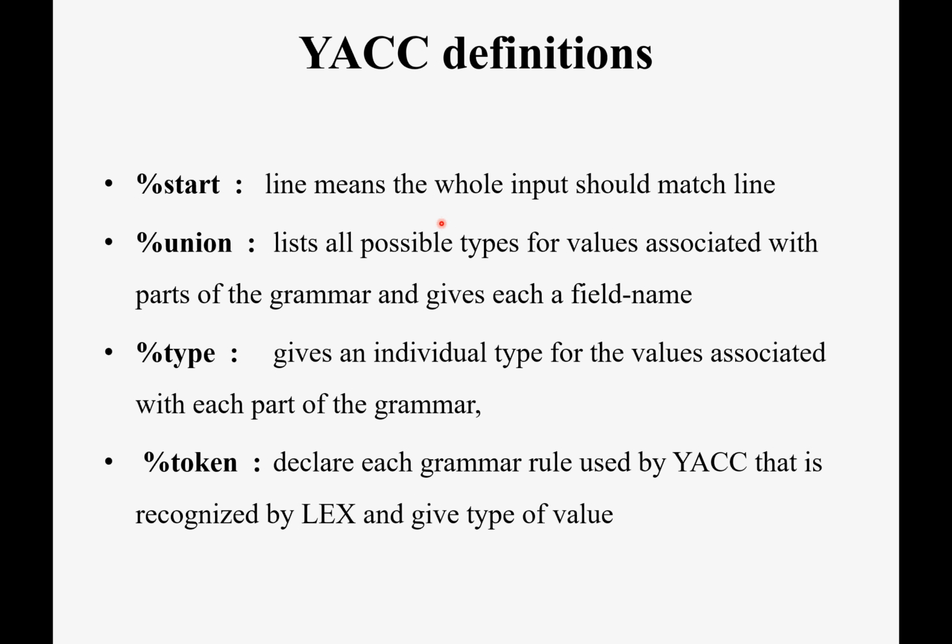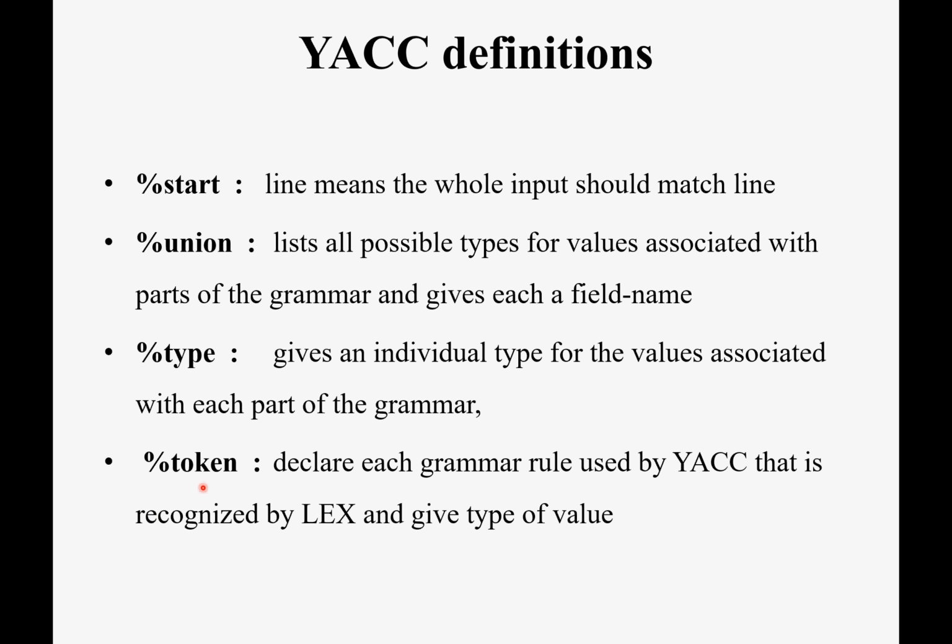Then %union lists all possible types of values associated with parts of the grammar. Then %type gives an individual type for values associated with each part of the grammar. Then %token declares tokens, separated by spaces.